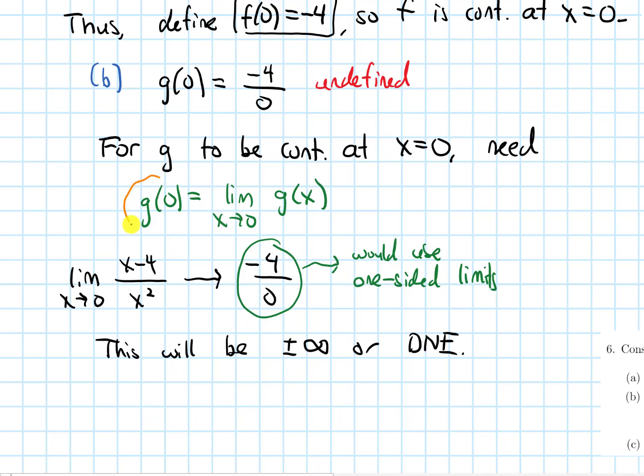But g of 0, when I plug in a number into my function, I can't get an output of infinity or negative infinity, and I don't want g of 0 to be undefined. We need g of 0 to be finite. Okay, so when we took this limit, it's either going to be plus or minus infinity or d and e, but g of 0 must be finite.